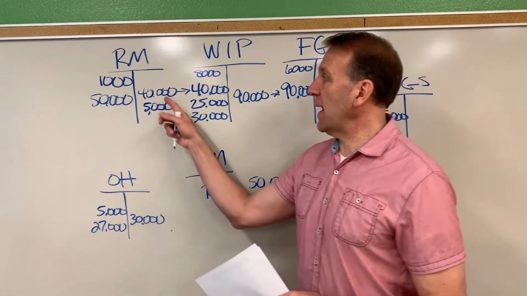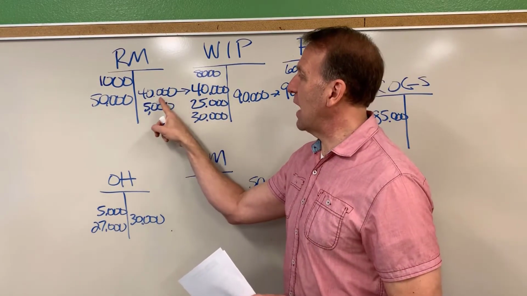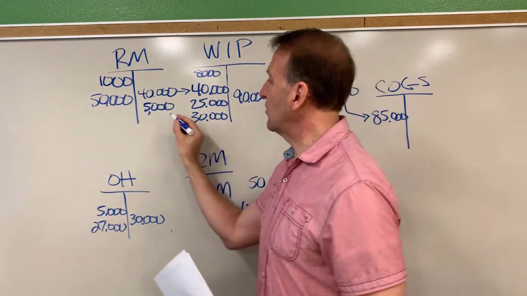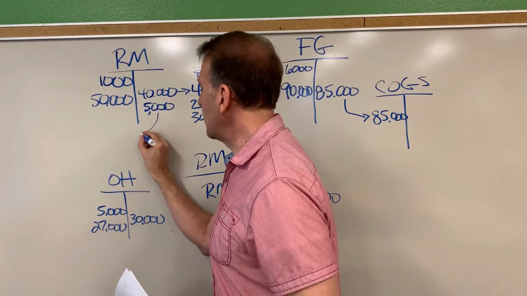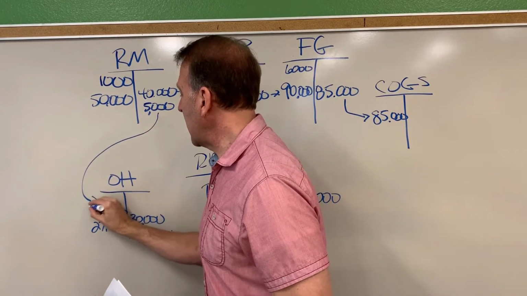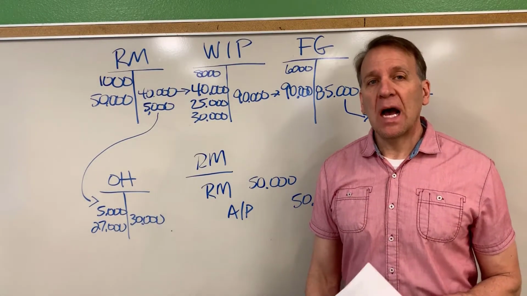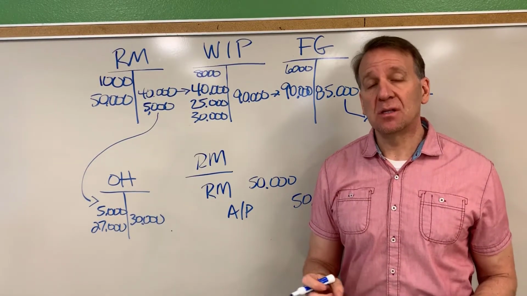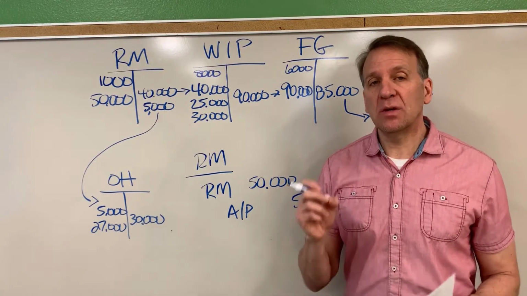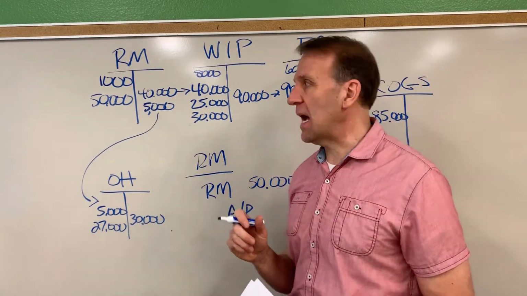Now let's look at the transfer of raw materials. You can see here we've got 40,000 going into work in process as direct materials, and we have 5,000 moving into overhead as indirect materials. I'm going to do this in two transactions. You could do it in one, but let's do it in two just to make sure that it's very clear what's happening here.